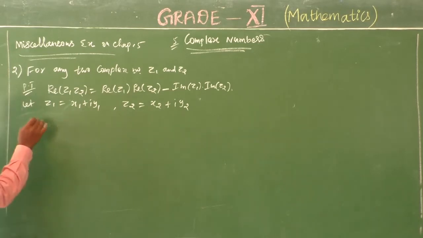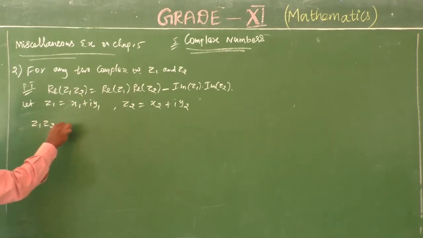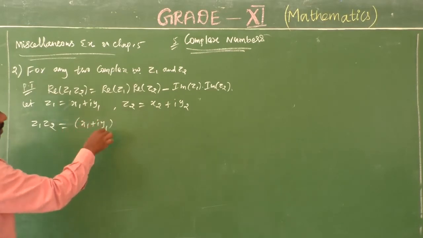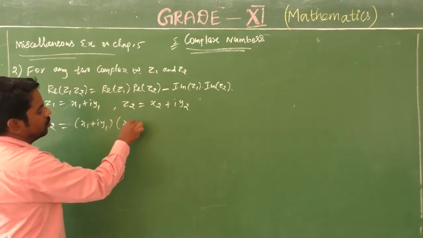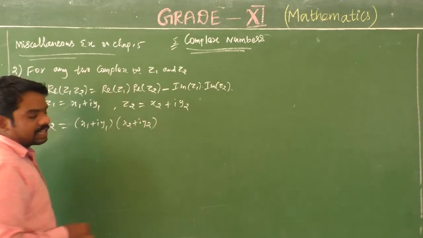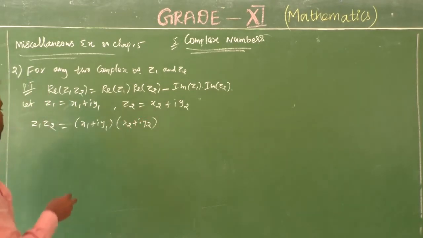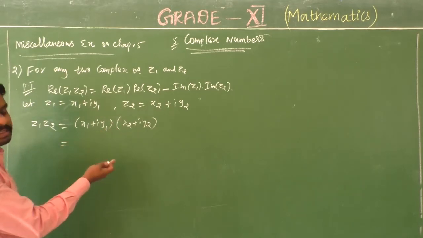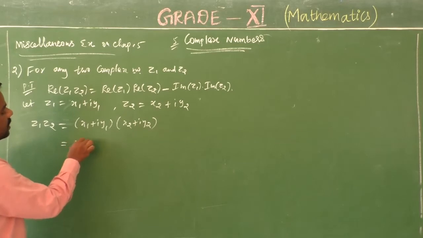Right. Find z1 into z2. z1 into z2 is equal to x1 plus iy1 into x2 plus iy2. Multiply these two terms. Multiplication of two complex numbers. Okay? Right.